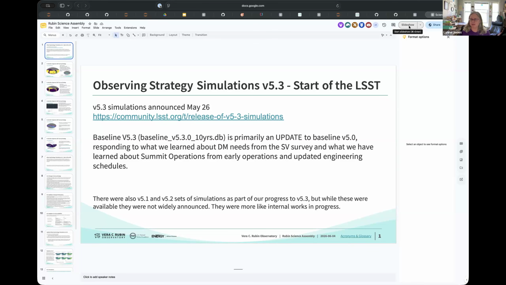That's about 80% of the survey visits. Visits are required in pairs, mostly in different bandpasses. After year one, the rolling cadence that Fed was just talking about starts and alternates different declination regions so that we increase the cadence about half of the time.